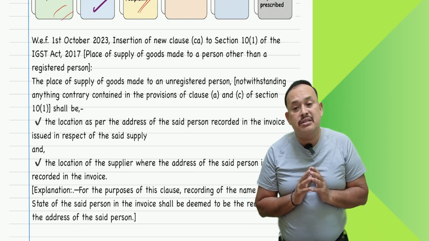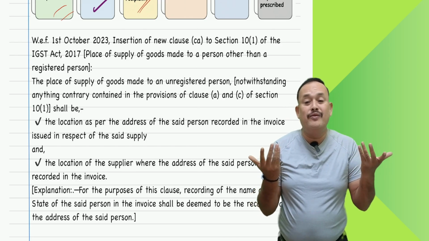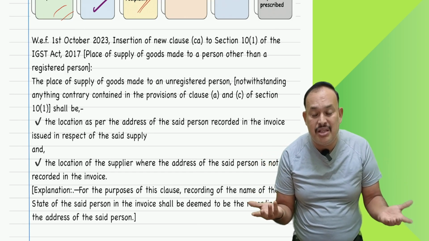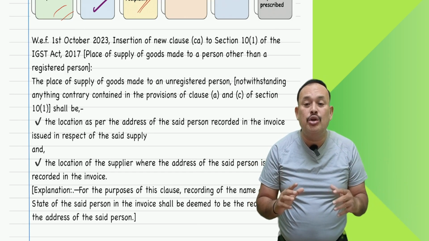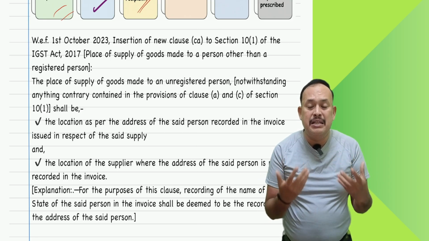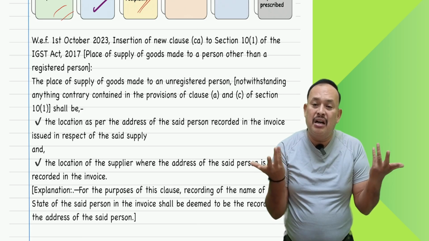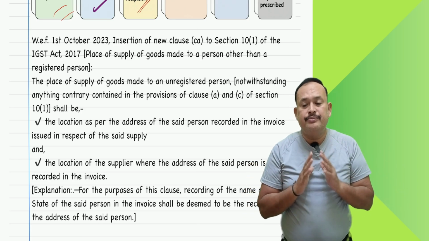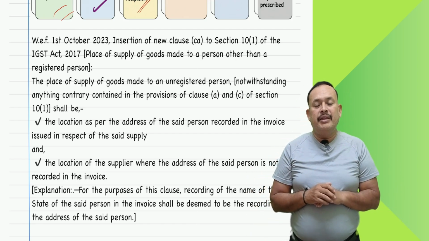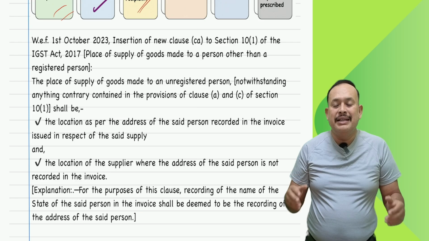In that case, supply does not involve movement of the goods. Supply has taken place to an unregistered person. Registered person is supplying, recipient is an unregistered person. Address of the recipient not available, state name of the recipient also not available. Then the location of the supplier is the place of supply.